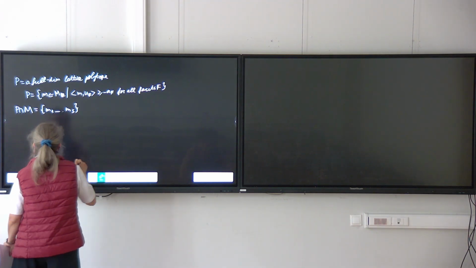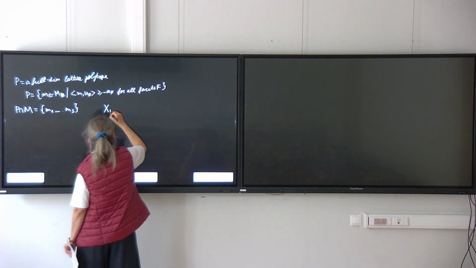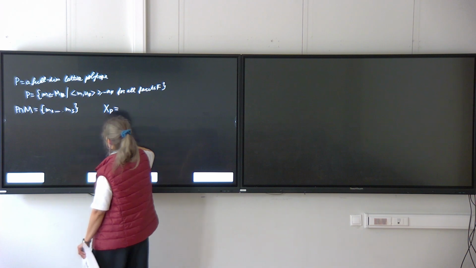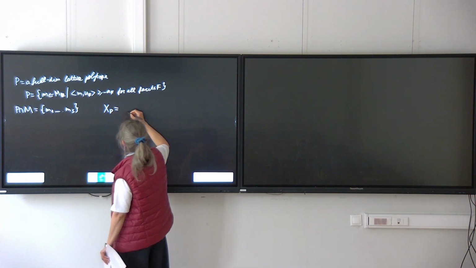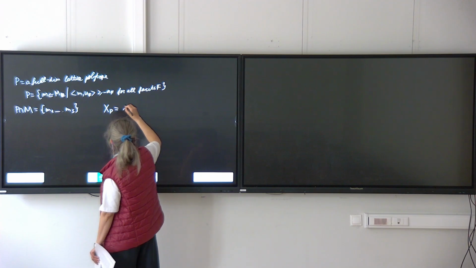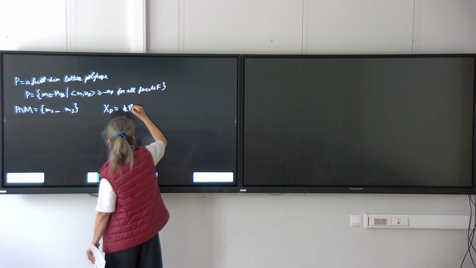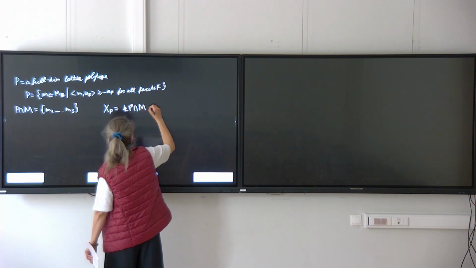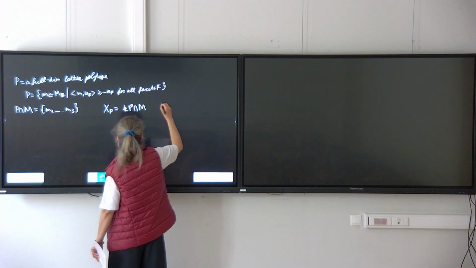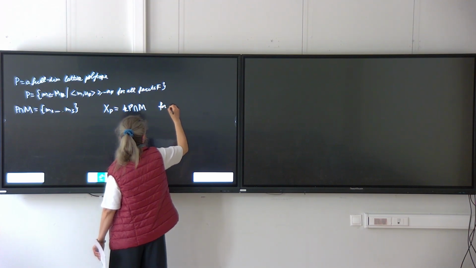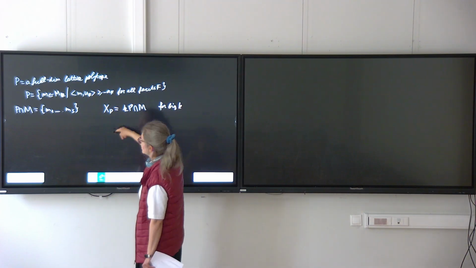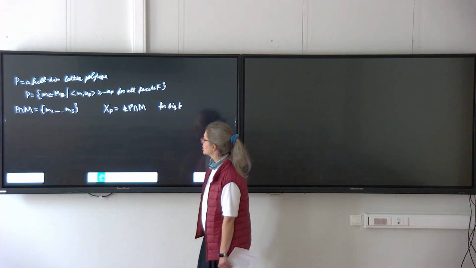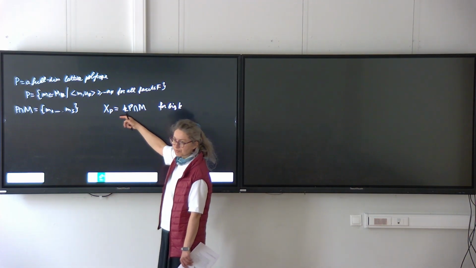Now, one moment. Let us define XP. If we take KP intersected with M, for big K, we take a K big enough so that KP becomes ample.